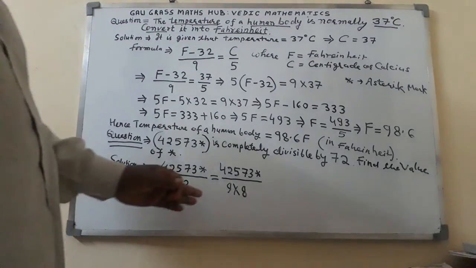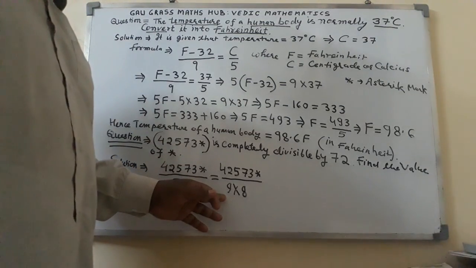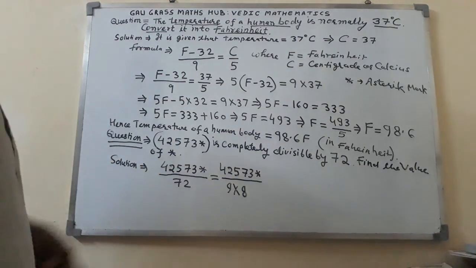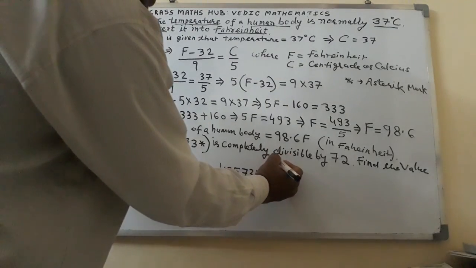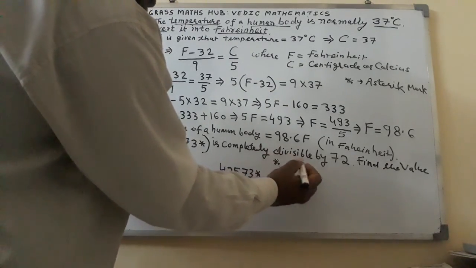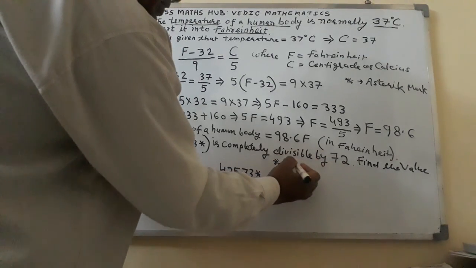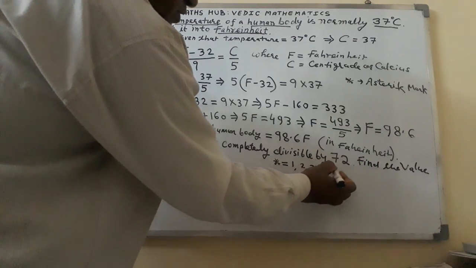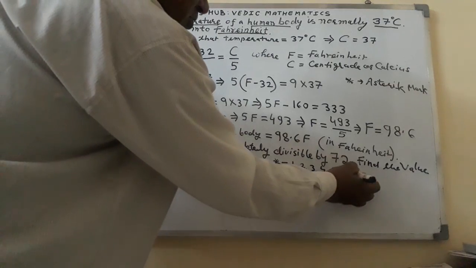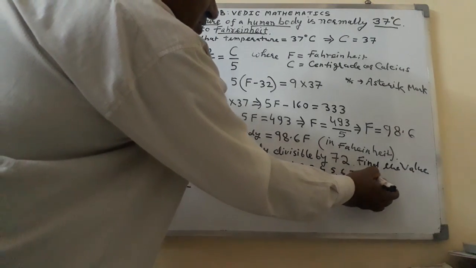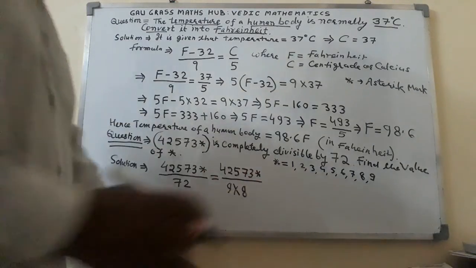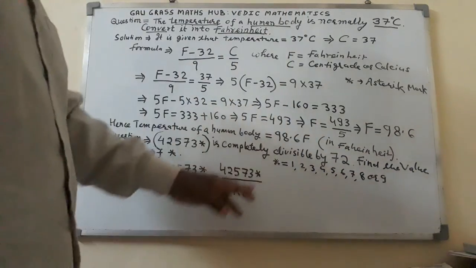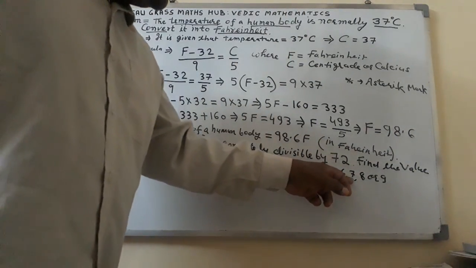Now here we shall use the divisibility rule of 9. Assume this empty space will be filled by either 1, 2, 3, 4, 5, 6, 7, 8 or 9.